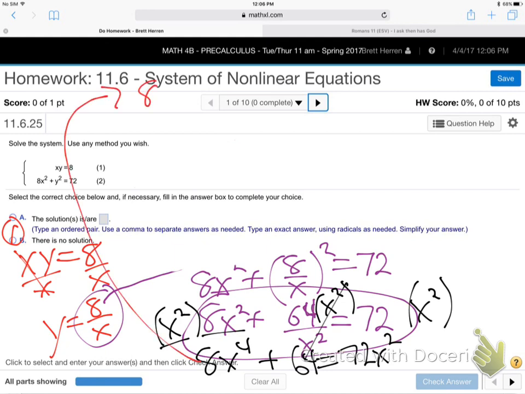So we have 8x to the 4th plus 64 equals 72x squared. We good there? Everybody see what I did? I multiplied through by x squared, right? To all three, canceled in the middle, multiply it on the left side and the right side.